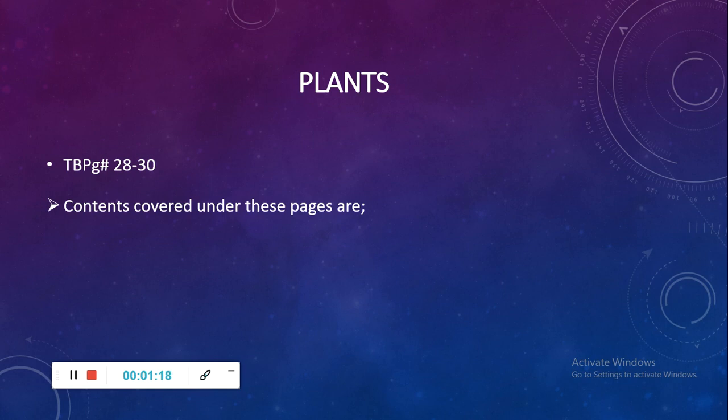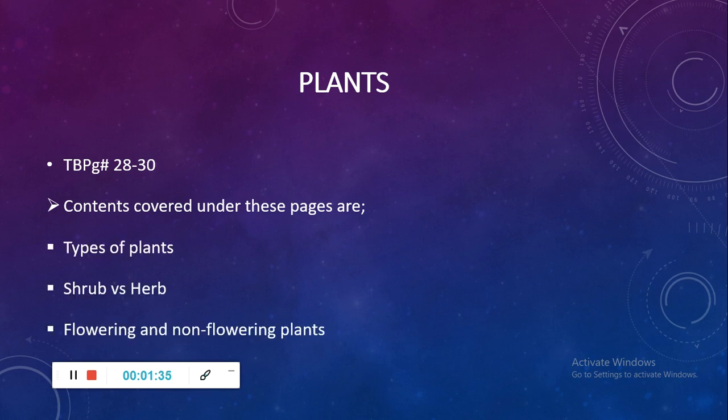The contents under these pages are types of plants, shrub versus herbs, and flowering and non-flowering plants.